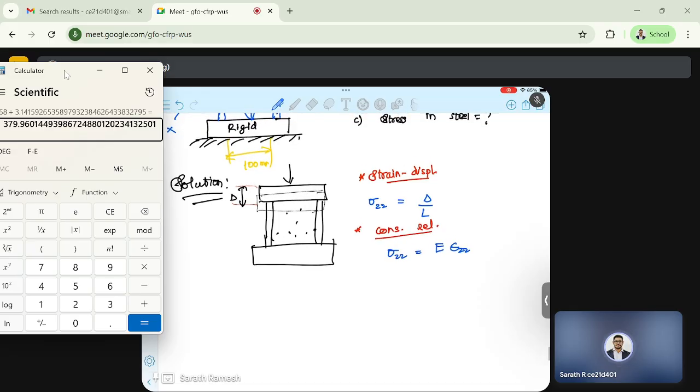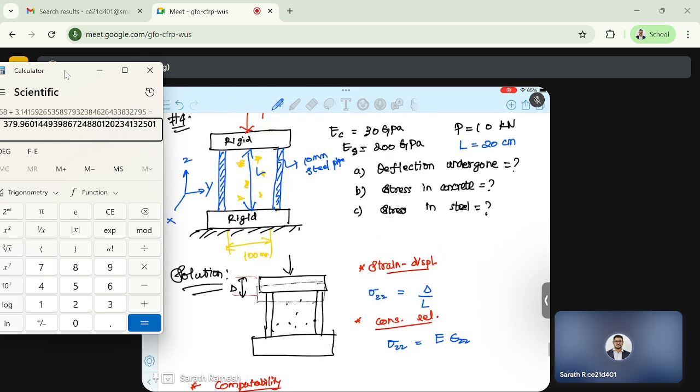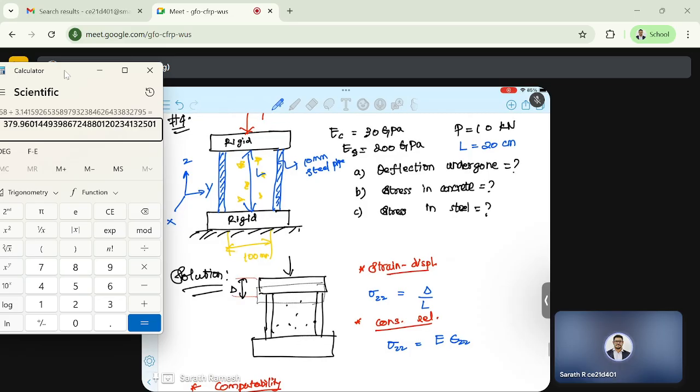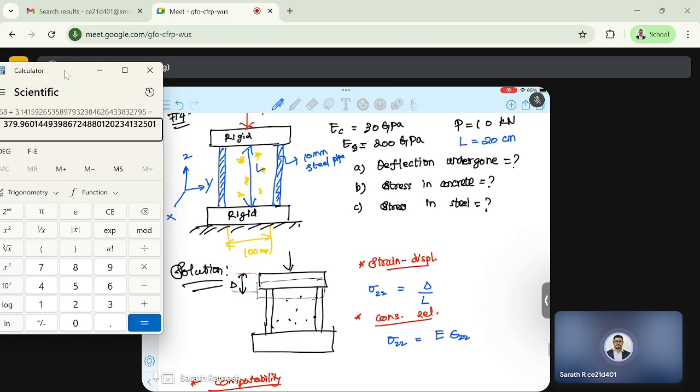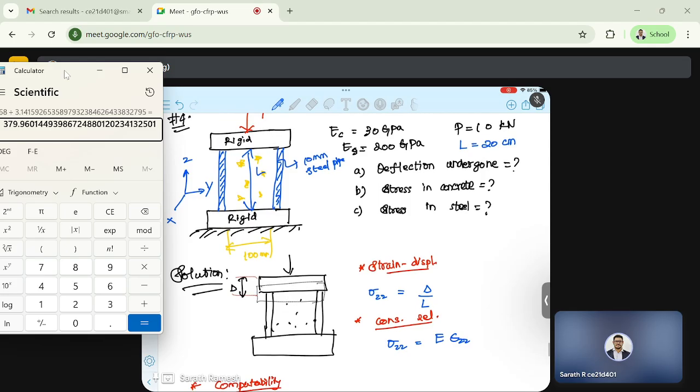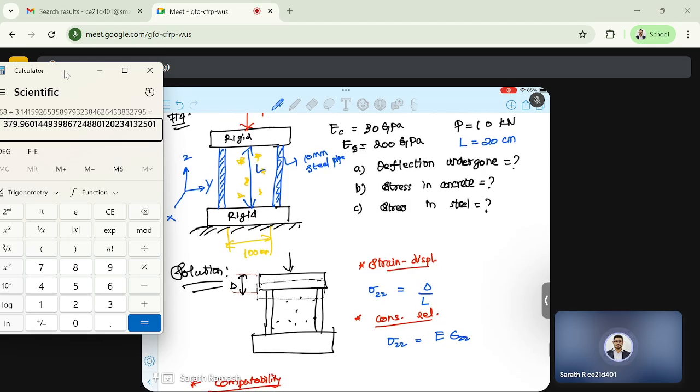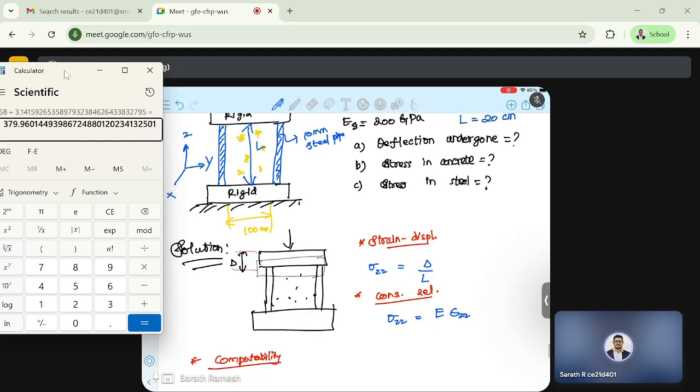Now we have the compatibility equation. For this problem, what does compatibility between the steel and concrete say? It says that both the strains have to be the same, otherwise there won't be compatibility between them. Because both are rigid at the top and the bottom, whatever compression the steel undergoes, the same compression the concrete also undergoes.